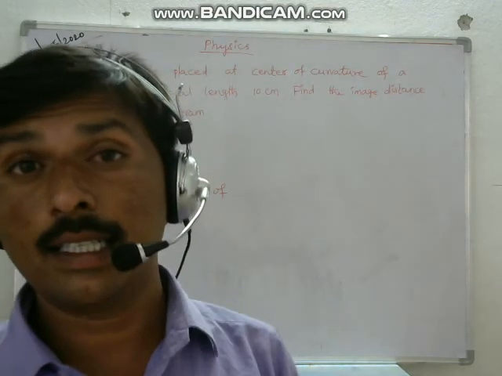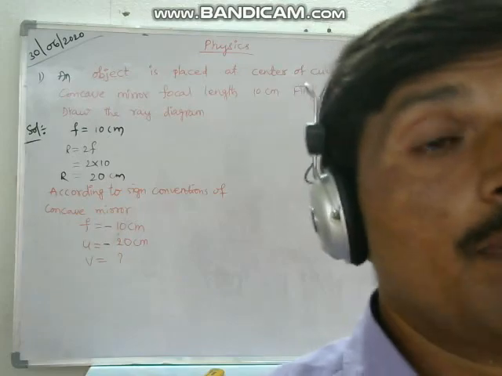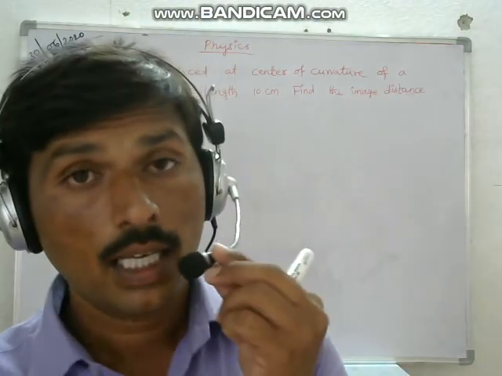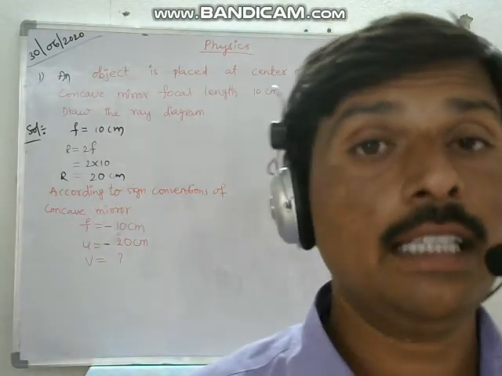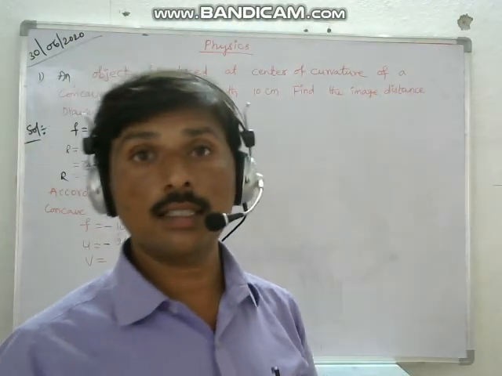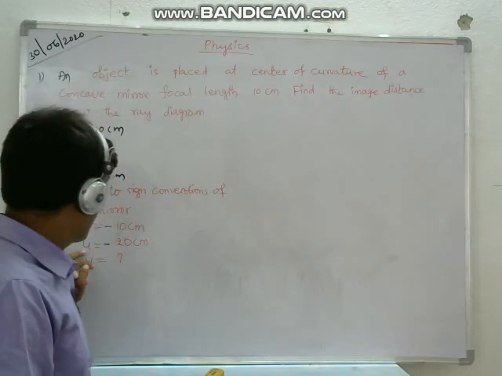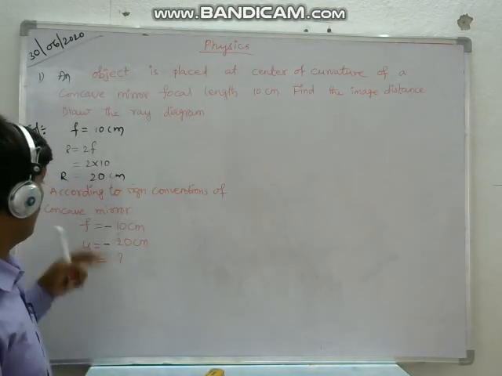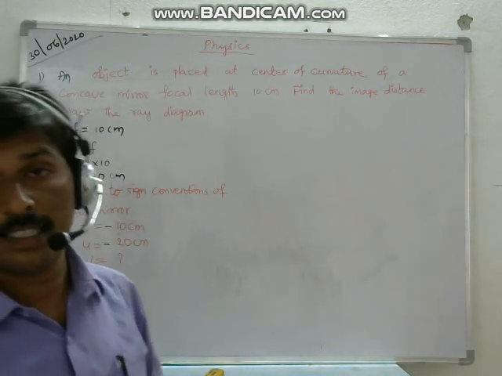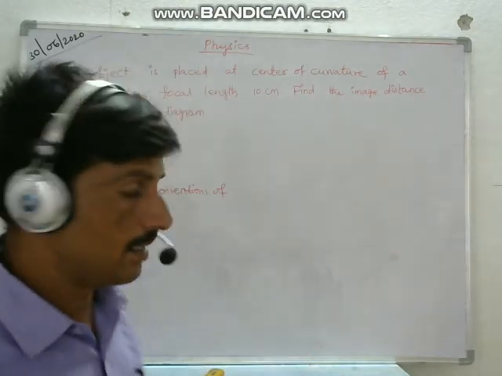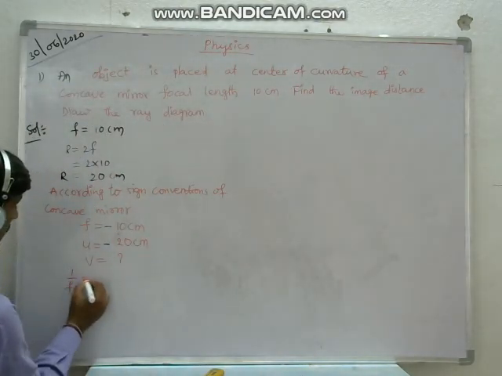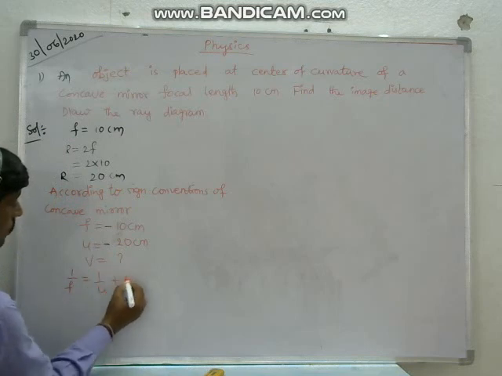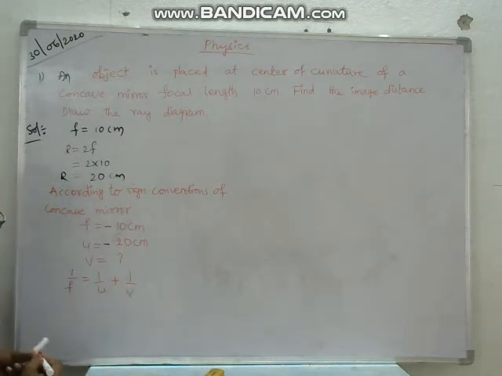According to the given data, the object is placed at the center of curvature, and based on the given focal length we find the object distance. Object distance is minus 20 centimeter, focal length is minus 10 centimeter. Now we are going to find the image distance by using the mirror formula, 1 by f is equal to 1 by u plus 1 by v.